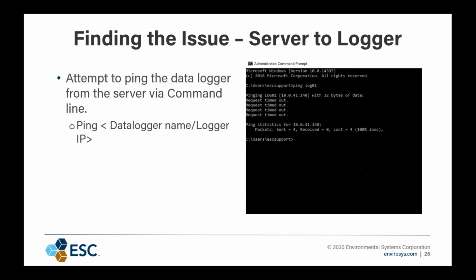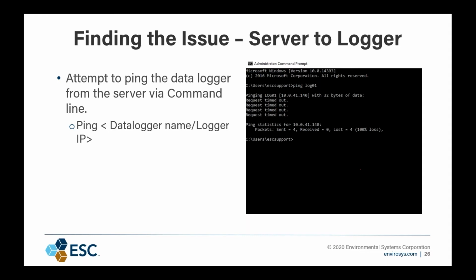So, finding the issue between your server and your logger. If you're unfamiliar with ping, ping is a command prompt command that basically sends a signal out in hopes of seeing a signal come back. To use ping, you're going to need to open up your command prompt from your Windows menu. Type in ping, then the name of your logger, or the IP address of your data logger.